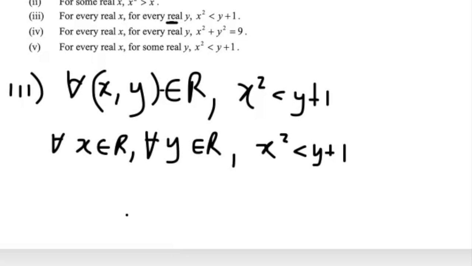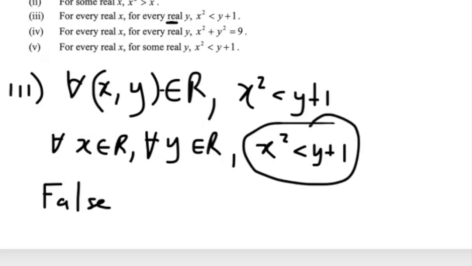Now, is this true or false? This will be false because it's saying for every real number that you pick for x, we have all the real numbers for y that, when you put them together in this expression, will satisfy.